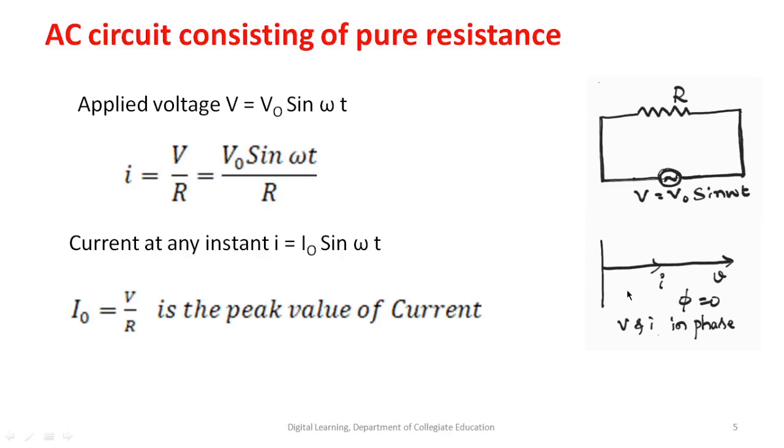If we plot a graph of current or voltage versus phase, we can observe current is in the same direction and voltage is also in the same direction. So there is no phase difference between the voltage and current. Therefore, in a pure resistive circuit, there is no phase difference between the voltage and current. In other words, both voltage and current are in the same phase.